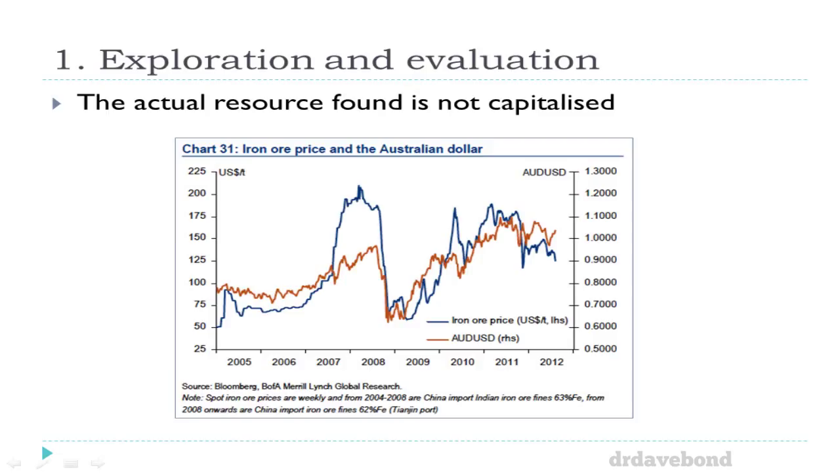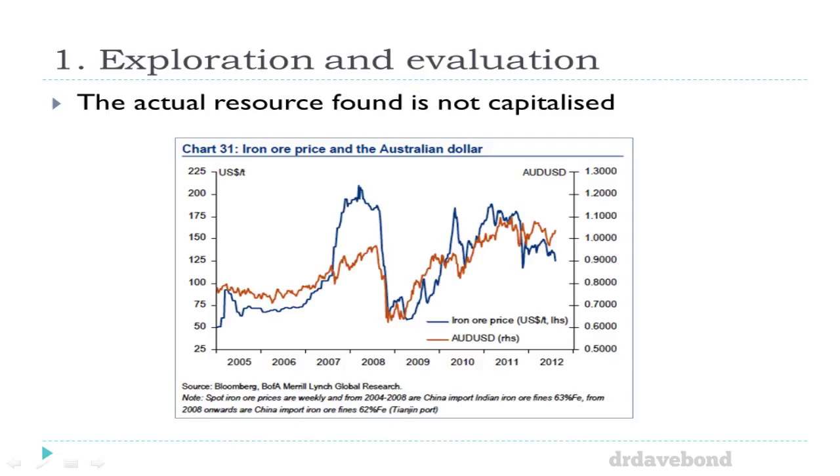Now, firstly, I just want to talk about the blue, and then we'll talk a little bit about the red, and we'll talk about them all together. So the blue line hit, at about the end of 2007, over $200 a ton. About a year later, it was down to about $60 a ton.